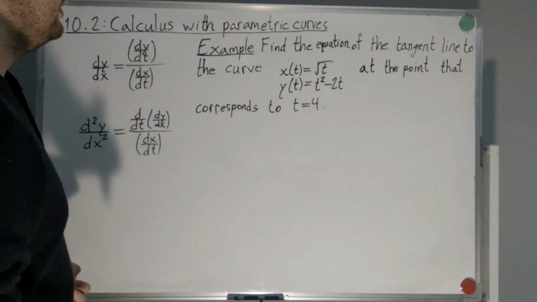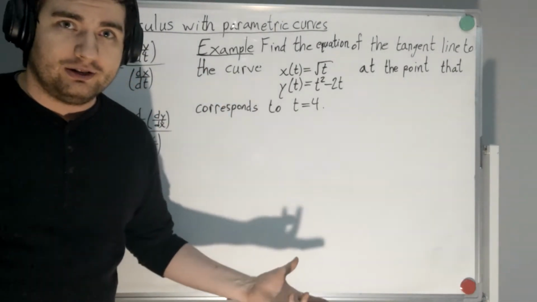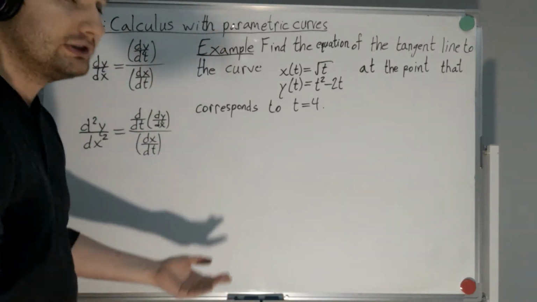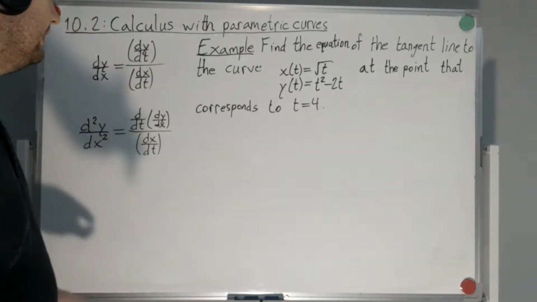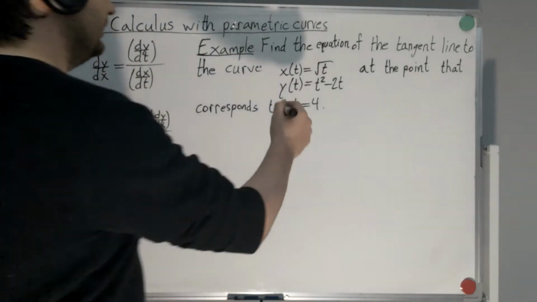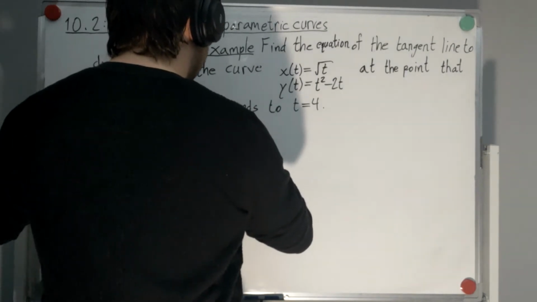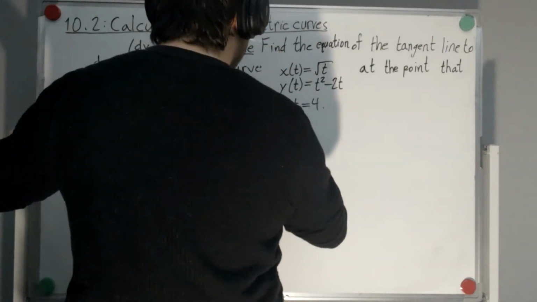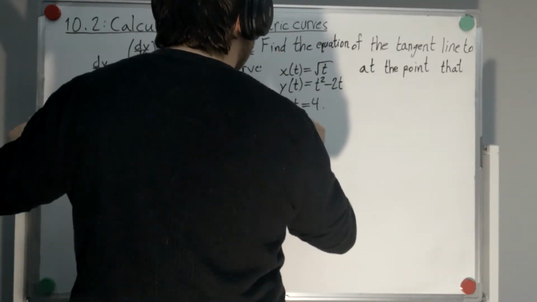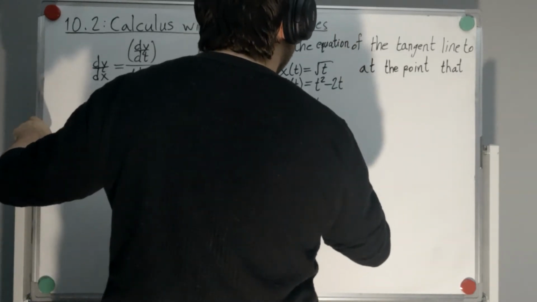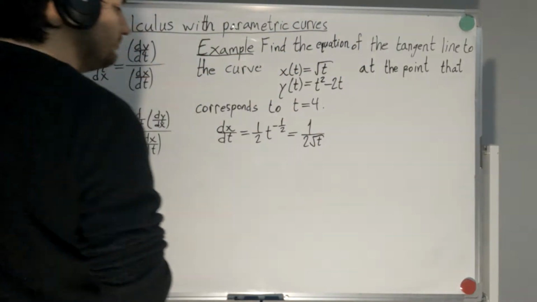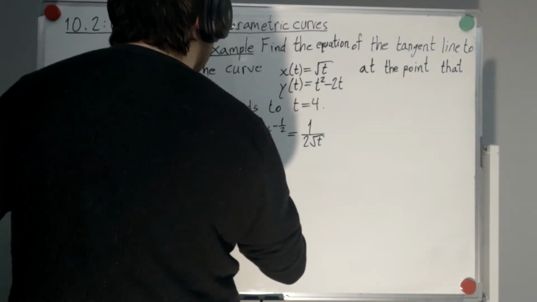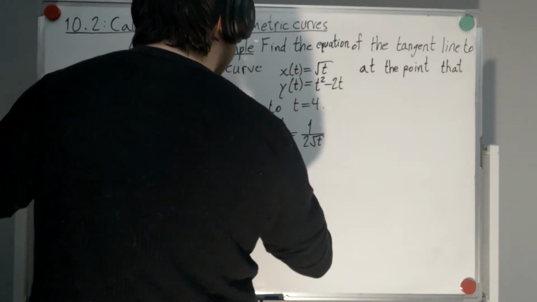Again, first of all, to find the equation of a line, you're going to need the slope of the line. To find the slope of the line, you need dy/dx. To find dy/dx, you just need this. So, dx/dt, or x', is just going to be (1/2) t^(−1/2), which by the way is the same as 1/(2√t). dy/dt, otherwise known as y'(t), is 2t − 2.